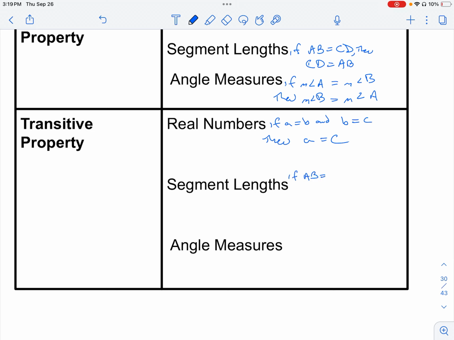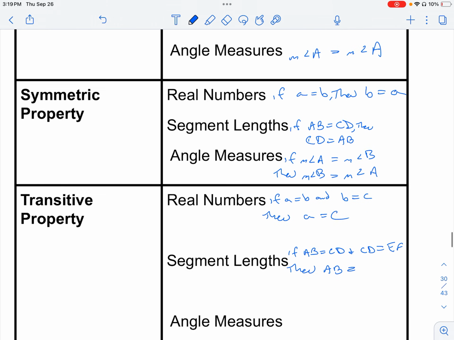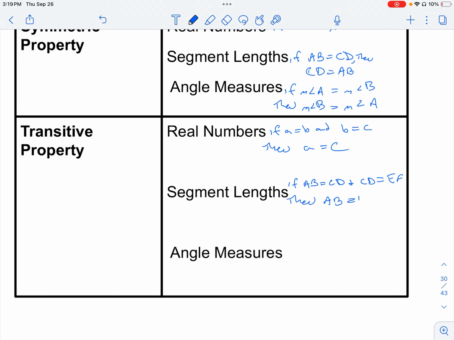If AB equals CD and CD equals EF, then AB is going to equal EF.